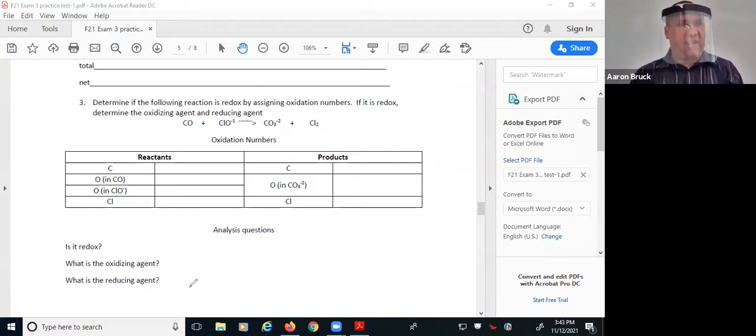The first thing that we need to do is assign oxidation numbers to everything here. And once we've assigned oxidation numbers, then we can go about determining what was oxidized, what was reduced, what the oxidizing agent is, what the reducing agent is.